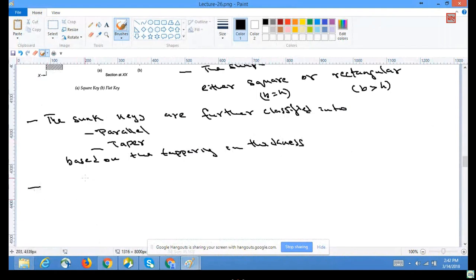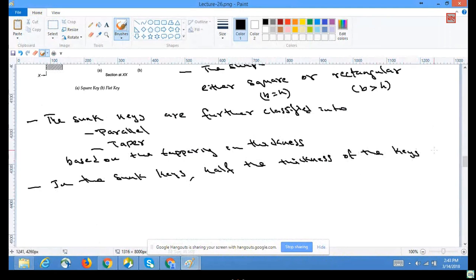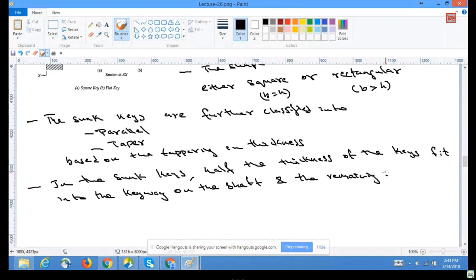So in the sunk keys, half the thickness of the key fits into the keyway on the shaft, and the remaining in the keyway of the hub.